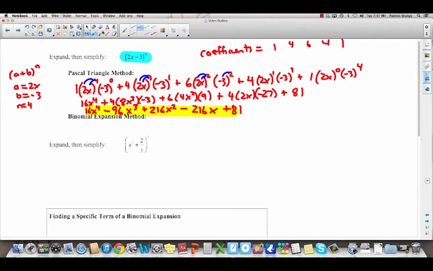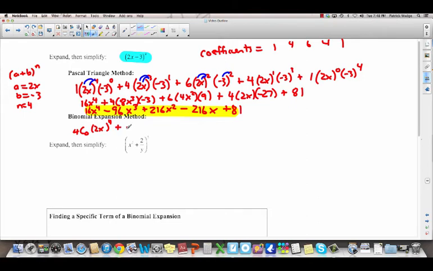The other way you could do this is the binomial expansion method, which is pretty much exactly what we just did, but instead of looking it up in Pascal's triangle, you would think to yourself, since it has an exponent of 4, the coefficient of the first term will be 4 choose 0, and then you would have your 2x to the fourth power and negative 3 to the 0 power, which I won't even write.